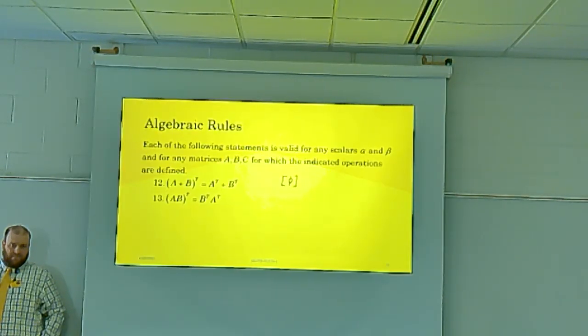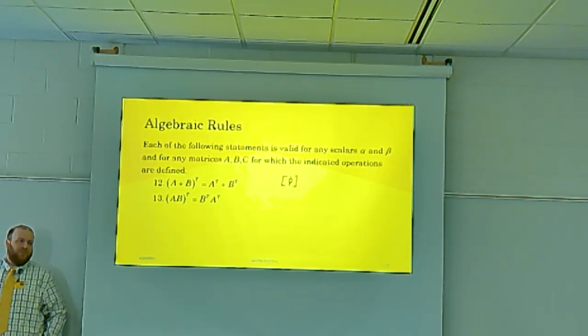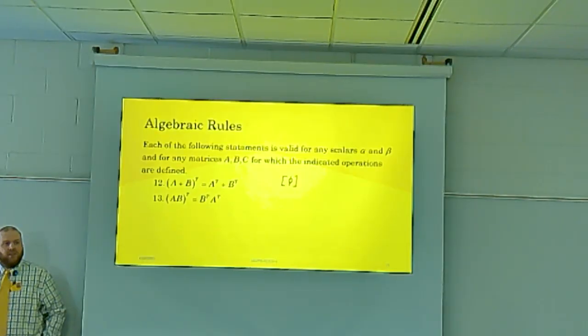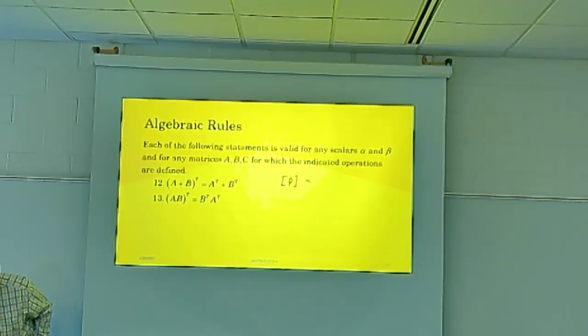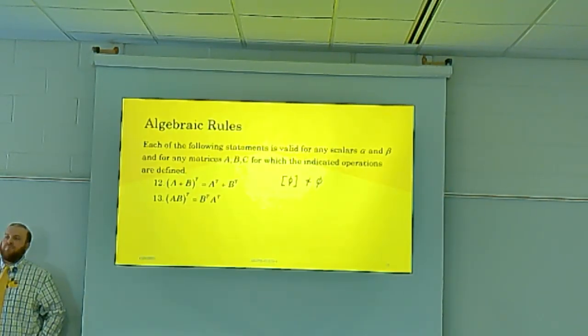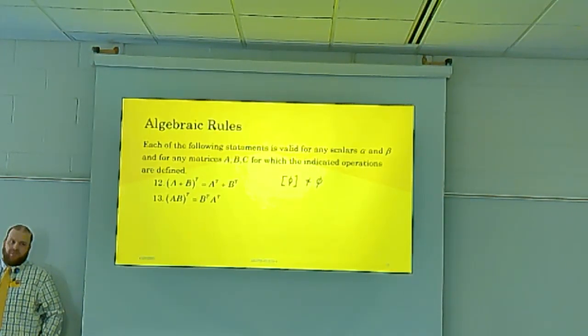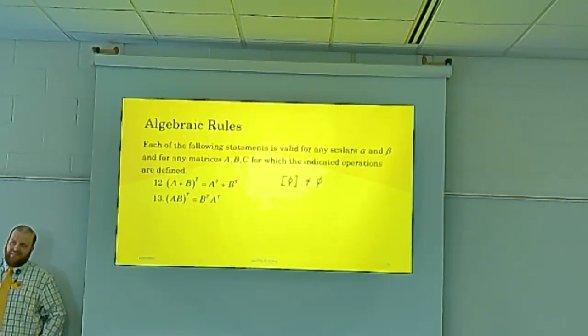It's a null set, so wouldn't it technically be a matrix? So this isn't null. I know where you're getting null from. That's phi, the golden ratio. But yeah, that's a 1-by-1 matrix. That is not a scalar. Right? They are not the same thing. So you have to be careful with notation.